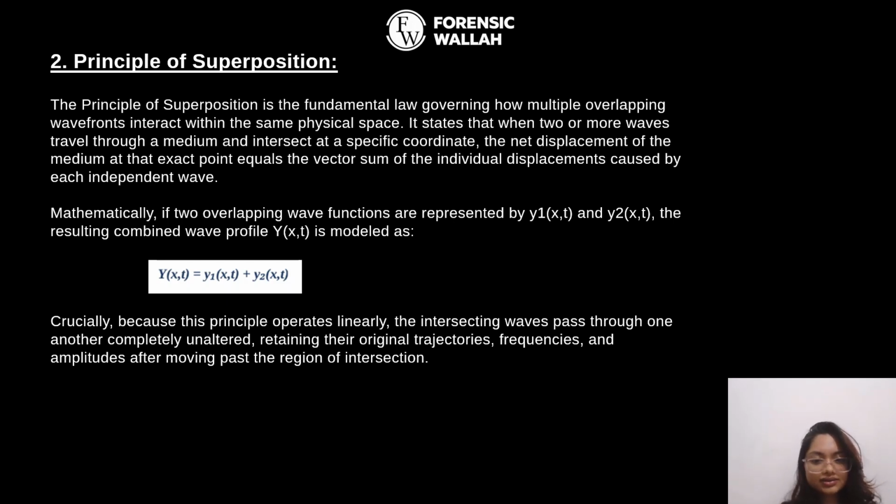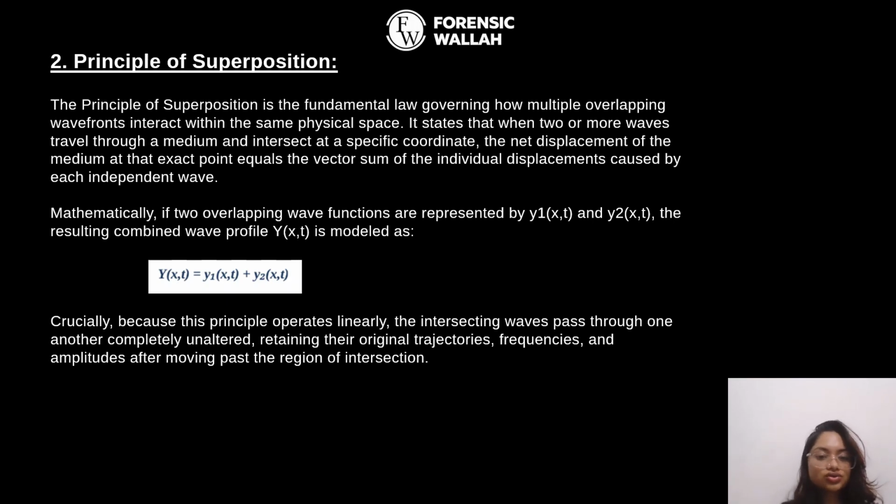The principle states that when two or more waves travel through a medium and intersect at an exact coordinate, the net displacement of the medium at that point is simply the vector sum of the individual displacements caused by each independent wave.